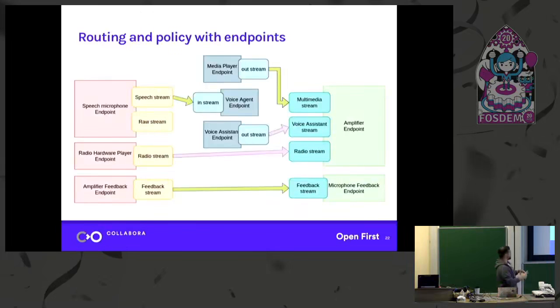And this is how it looks in the endpoints graph. So you have your applications, your media player, your voice agent, voice assistant, and they make links to the endpoints. There's an amplifier endpoint there, a speech microphone, and on the top of this graph, we have basically streams that are in the main CPU.